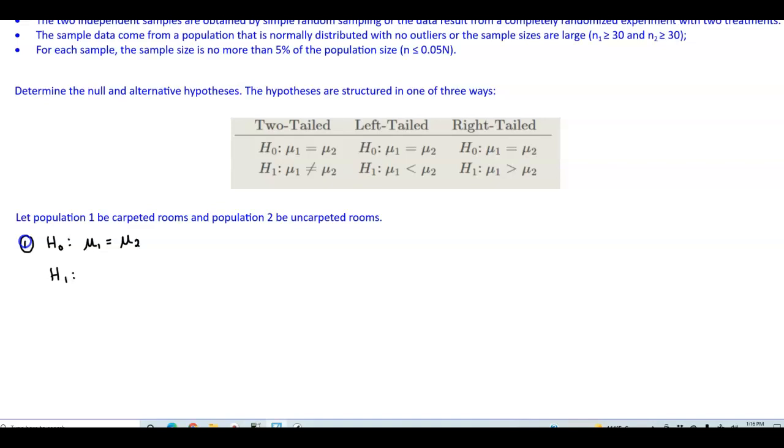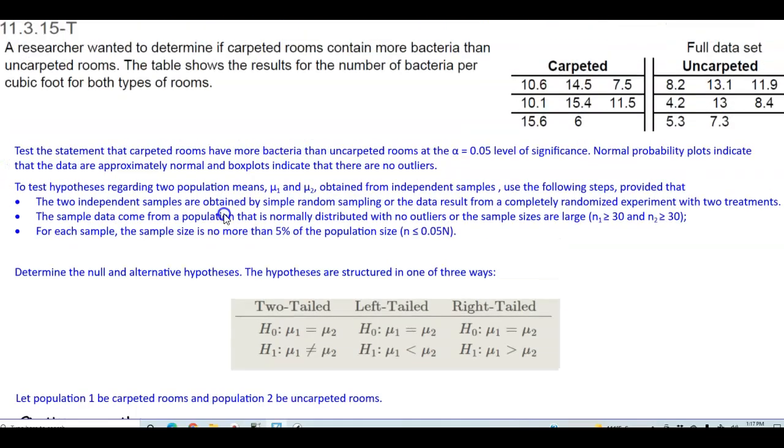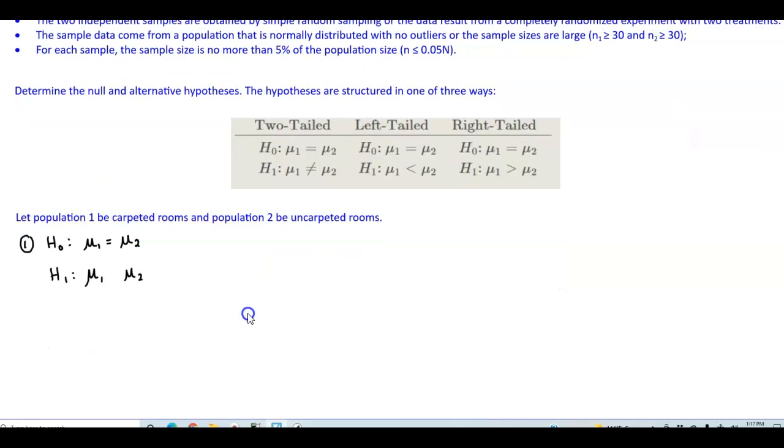And now we know that the alternative hypothesis is going to have the claim. Well, let's go back and talk about what the claim is asking us. It's saying the researcher wants to determine if the carpeted rooms contain more bacteria than uncarpeted rooms. So if it says more, then we're looking for greater than. So here, population mean 1 is going to be greater than population mean 2.